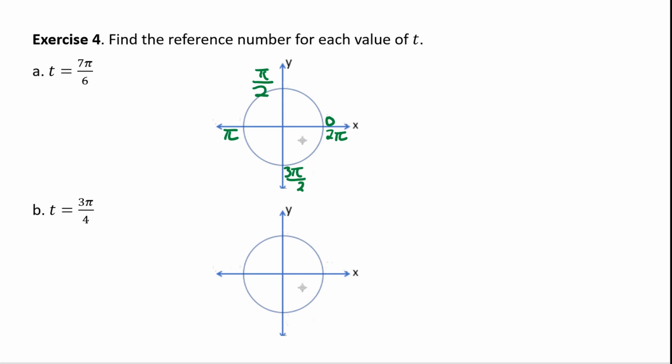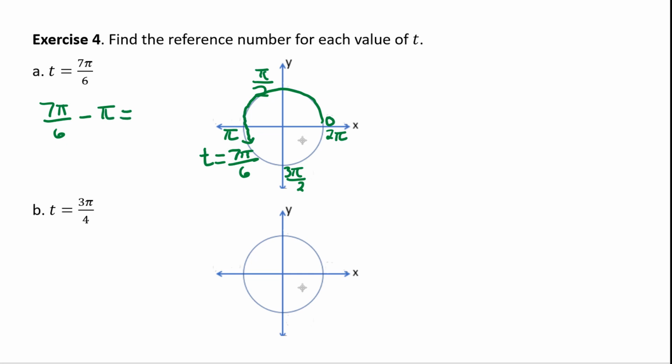Now, knowing our fractional values, we can see that t equals 7 pi over 6 lies in the third quadrant. So now following the directions, we'll find the distance between 7 pi over 6 minus the axis distance, which is pi.